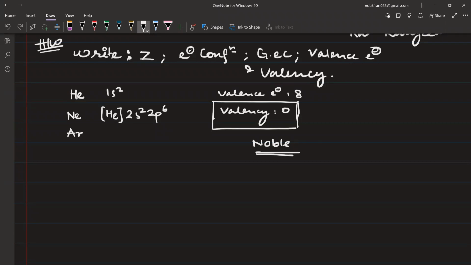But since we are writing for consistency, I've written valence electron will be 8 and the valency will be 0. But since they don't react, we don't associate this word valence, because valence is more related to how the reaction will happen with these particular molecules. And we will see how we are also going to write the molecular formula using the valence.